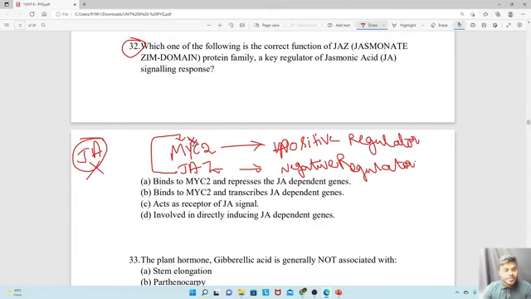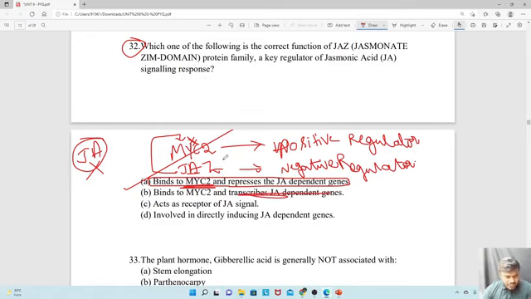When it suppresses the positive regulator, obviously the jasmonic acid action will be completely repressed. So this JAZ binds to MYC2 and it never transcribes the dependent genes. Never forget that. Hence the correct answer will be A.